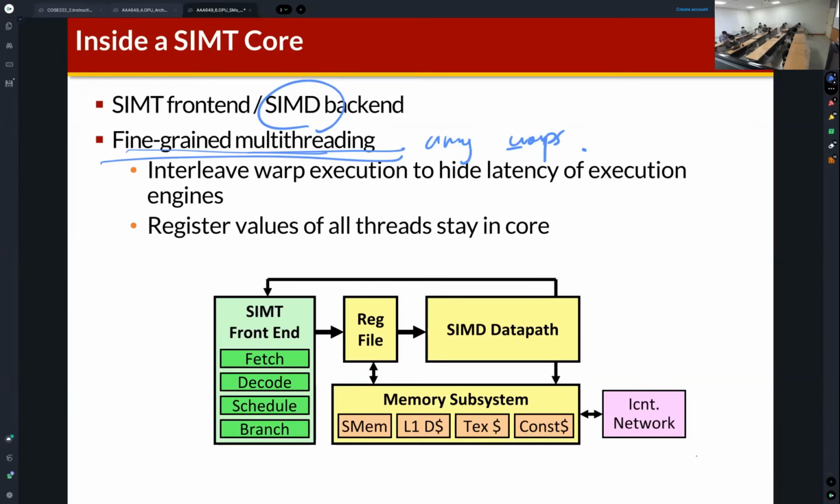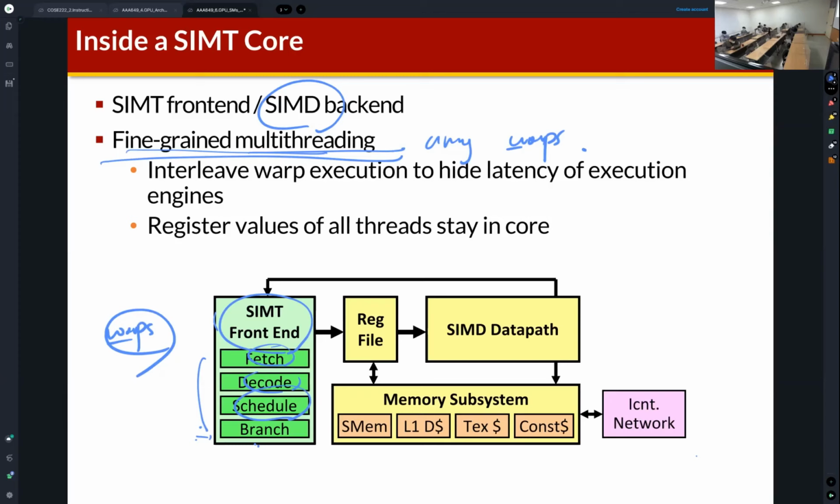As I mentioned, the GPU has the SIMT front end. The front end supports fetch, decode, and scheduling. Also, you can find the branch unit here because the GPU has its unique branch execution model. The front end selects the warp and schedules the ready warp to the SIMD backend.